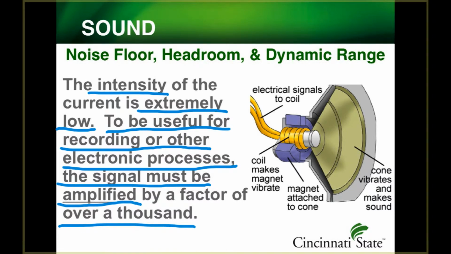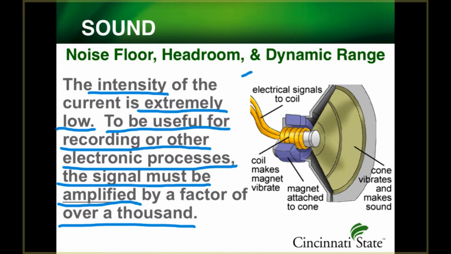The coil moves back and forth and creates a current at a very specific frequency, and then somewhere along the line in the system, that current is amplified. It fluctuates at the same frequency that it was at, but it's given more power.